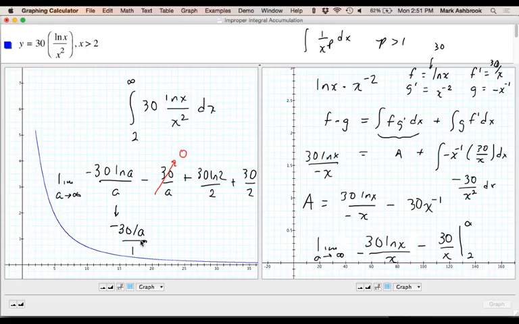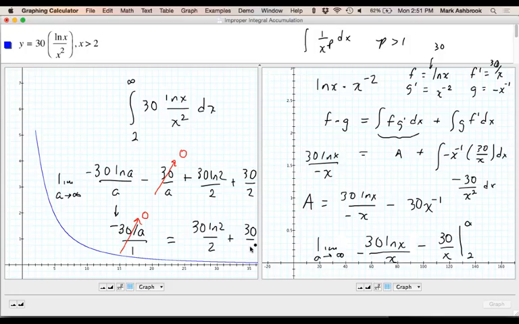And this will have the same limit as that. I took the derivative of the top divided by the derivative of the bottom. And so that does what? Also goes to 0. So what does this thing equal? 30 ln of 2 over 2.